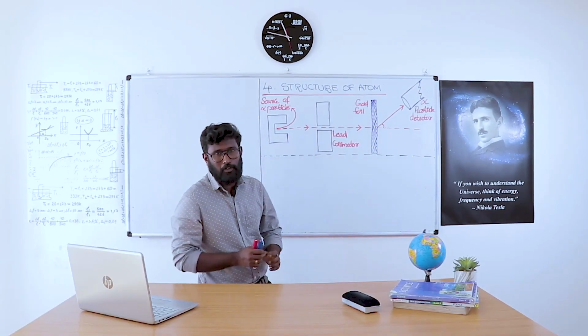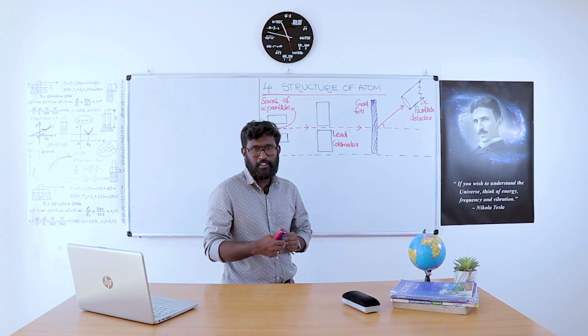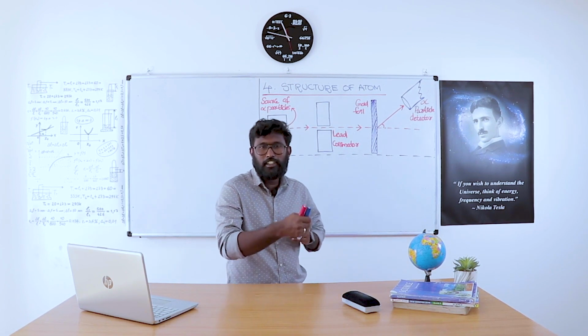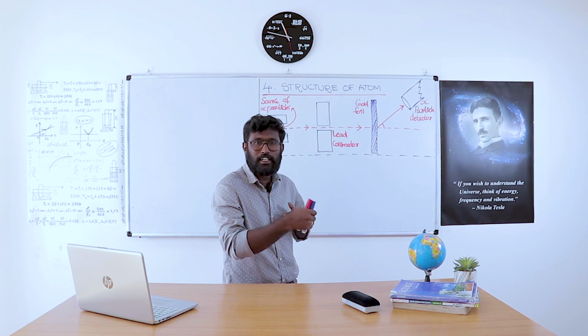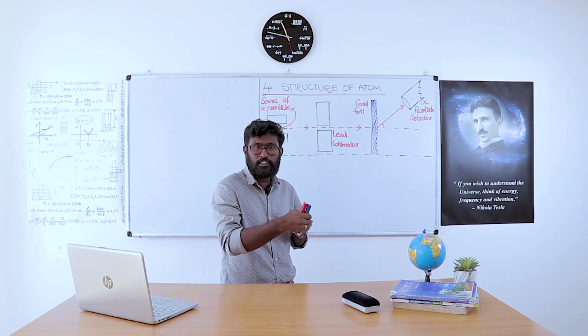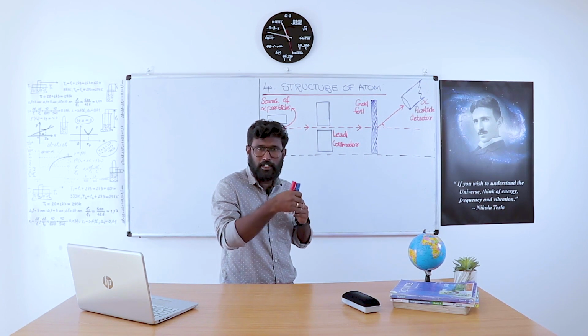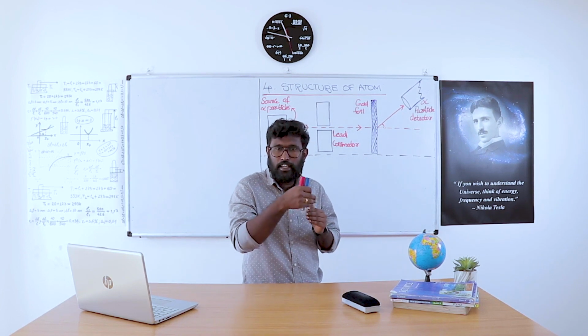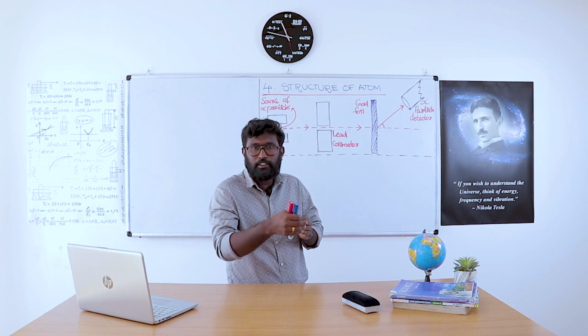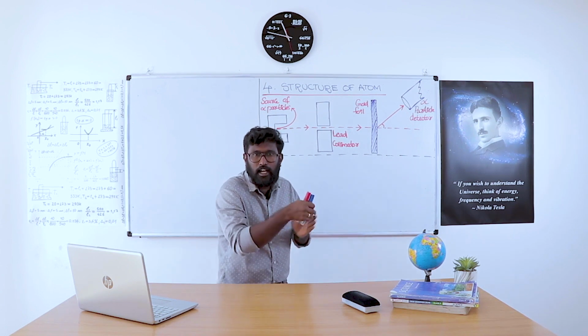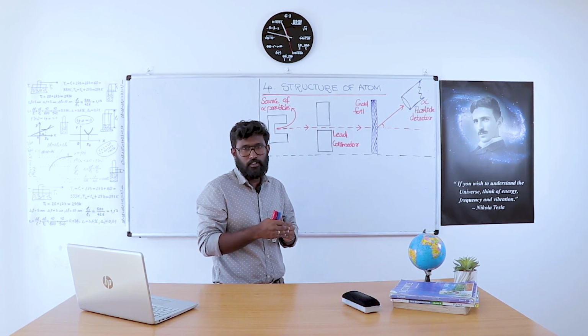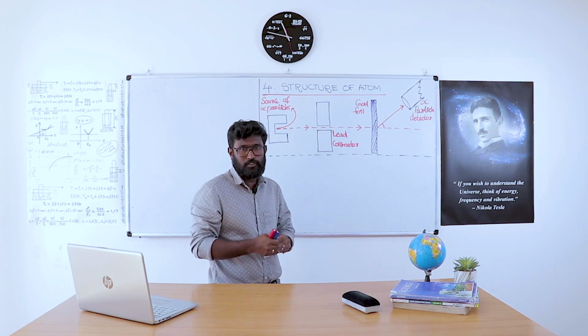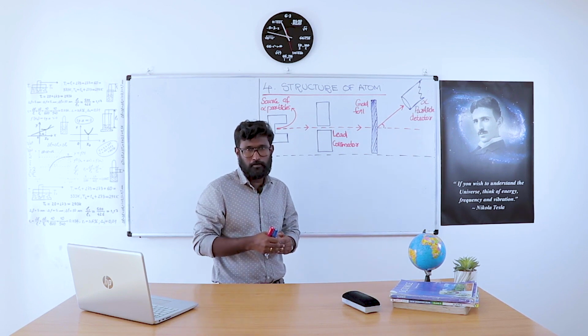Moving to the next topic, called the Rutherford atom model. In the previous atom model, that means the J.J. Thomson atom model, J.J. Thomson clearly states that there are positively charged particles and negatively charged particles inside the atom, and they are of equal magnitude and cancel each other, and the atoms are electrically neutral. There is no presence of neutrons in the J.J. Thomson atom model.